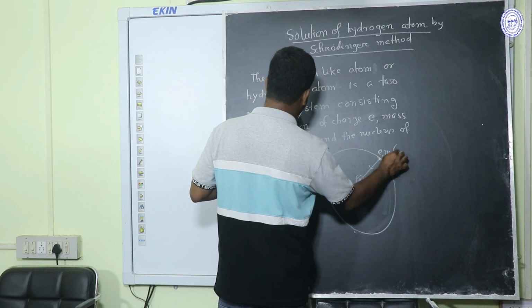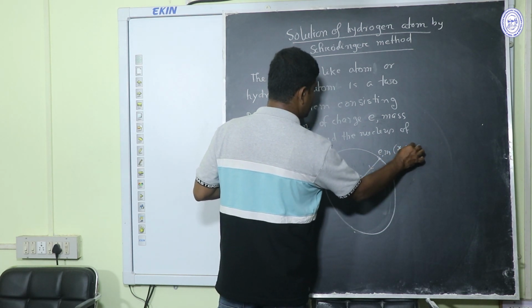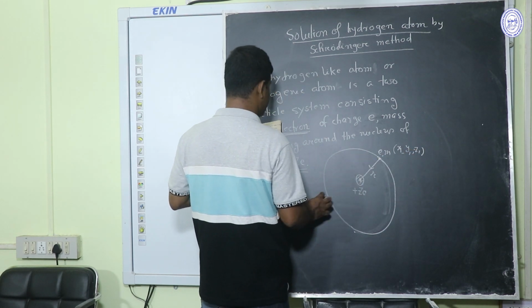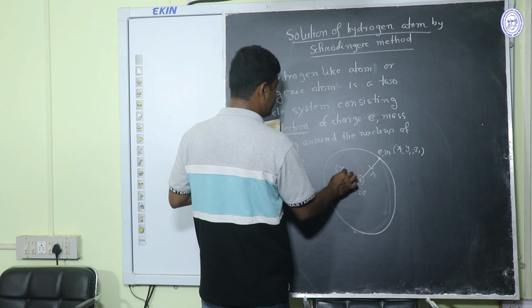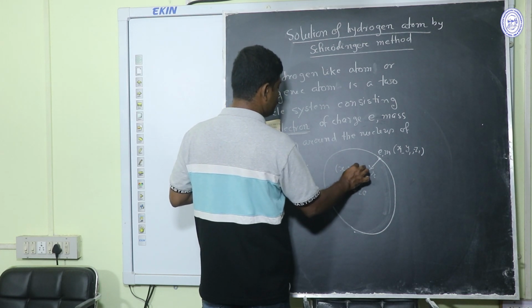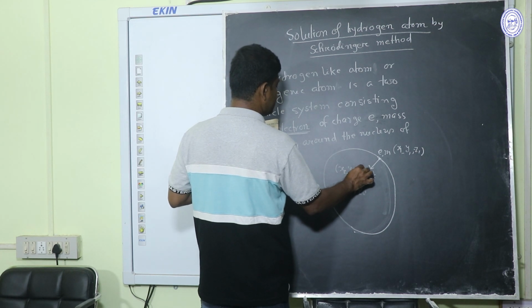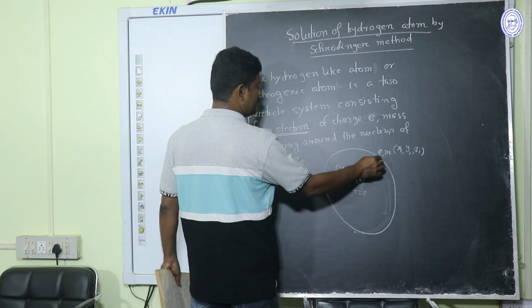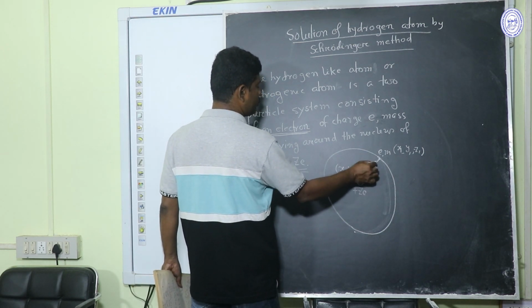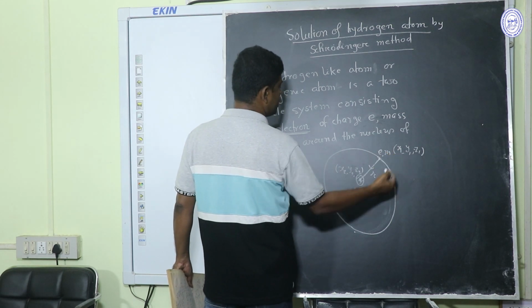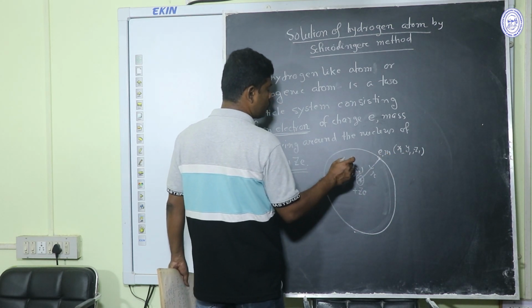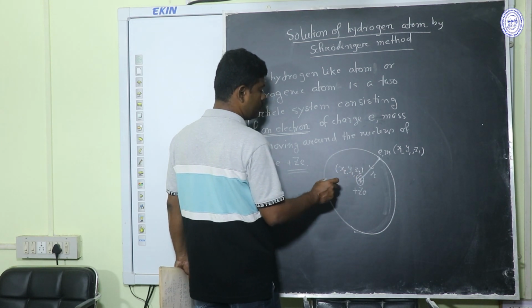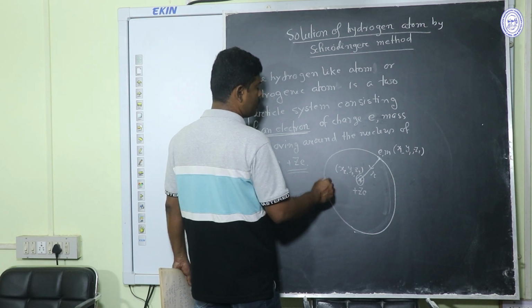This has the coordinate x1, y1, z1 with respect to a particular origin, and this nucleus has coordinate x2, y2, z2 with respect to a particular coordinate system. So, this is the nucleus, this is the electron, and r is the radius of the electronic orbit.